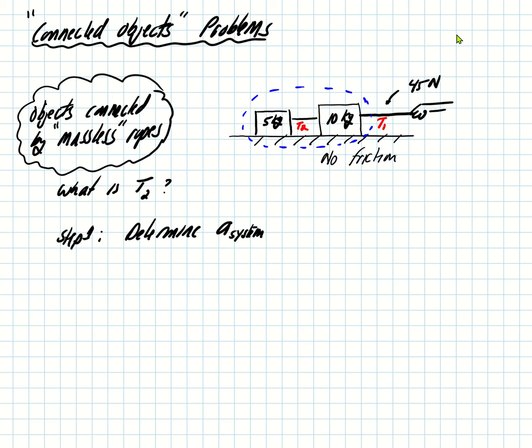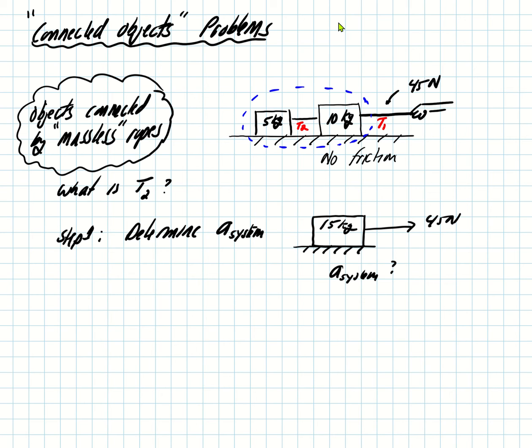Okay, so that's what we mean by the acceleration of the system. Just to further beat that point, we're going to imagine that we're pulling with 45 newtons on 15 kilograms of mass on a frictionless surface, and we want to know what the acceleration of that is going to be.